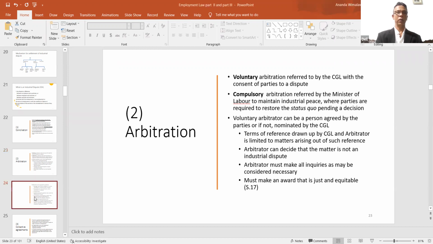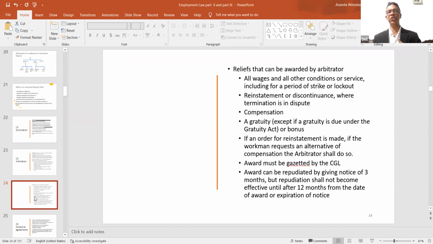Next subtopic, reliefs that can be awarded by an arbitrator. When an industrial dispute is referred to an arbitrator, he investigates it and gathers all information. Finally, he gives an award. The award must be sent to the Labor Department, the Commissioner General.